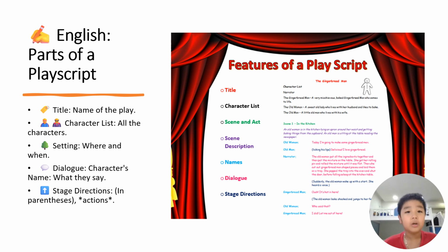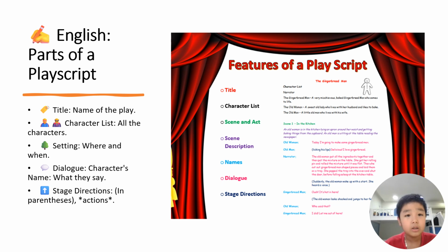Let's break down the parts of a play script. First, we have the title, which is simply the name of the play. Then the character list, which tells us all the people or animals in the story. The setting describes where and when this play is happening.